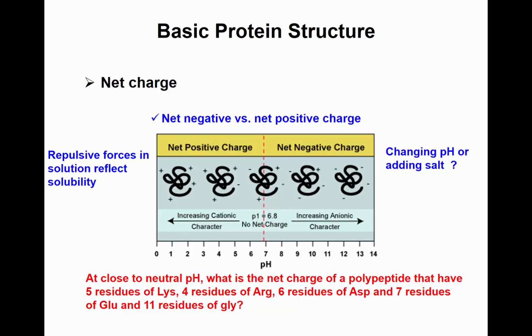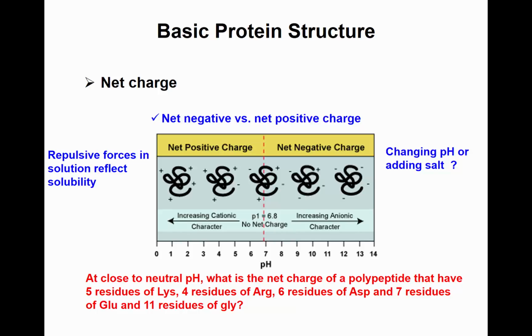At close to neutral pH, what would be the net charge of a polypeptide that has 5 residues of lysine, 4 residues of arginine, 6 residues of aspartic acid, and 7 residues of glutamic acid, and 11 residues of glycine?